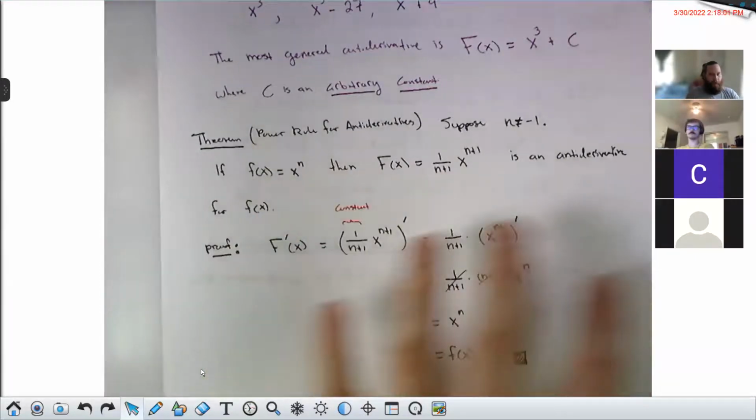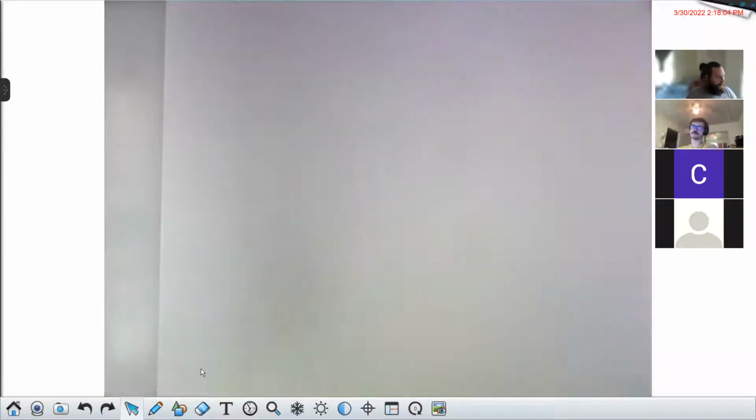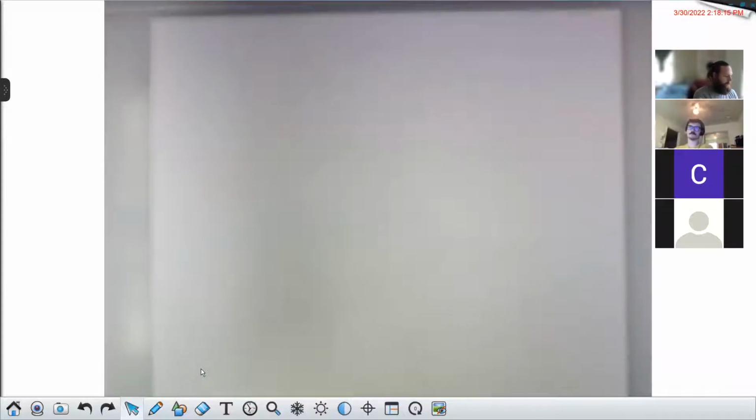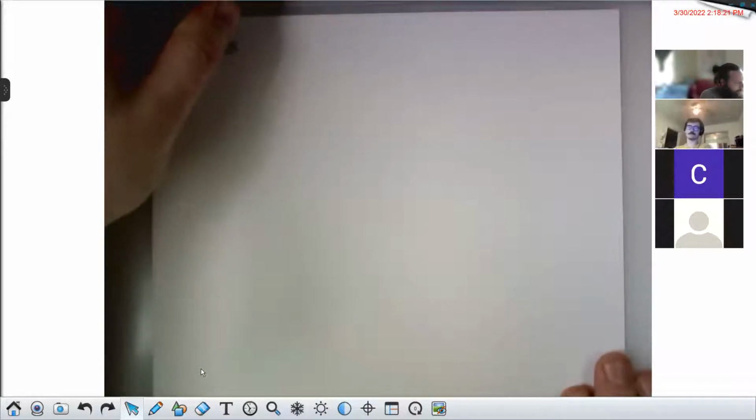So besides the power rule, the only other kind of big result we have on antiderivatives is that anti-differentiation is also linear, right? All of these operators we've been playing with are linear operators, and that's a big part of what makes them so nice. The way the book says this, it's another theorem.